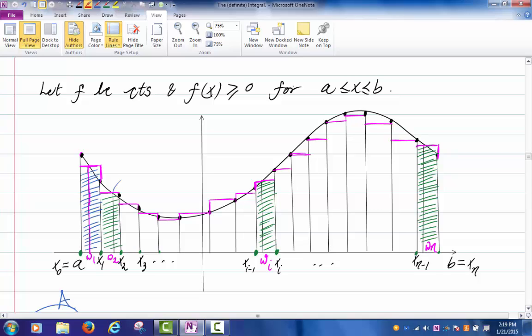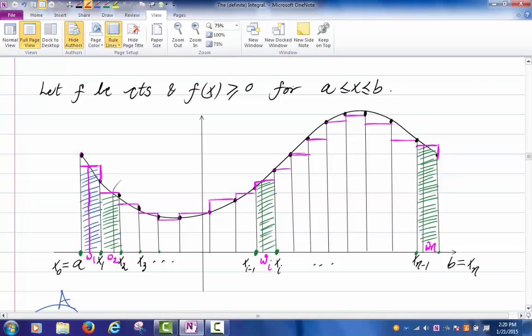length of the first subinterval. f of w1 is the height of the graph at w1, and delta x1 is the length of the first subinterval. When you multiply the length with the height, you get the area of the rectangle above the first subinterval with height equal to f of w1.